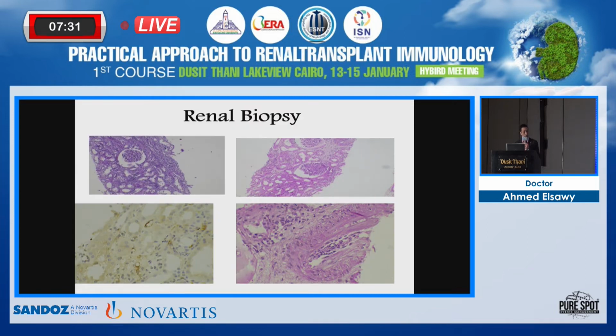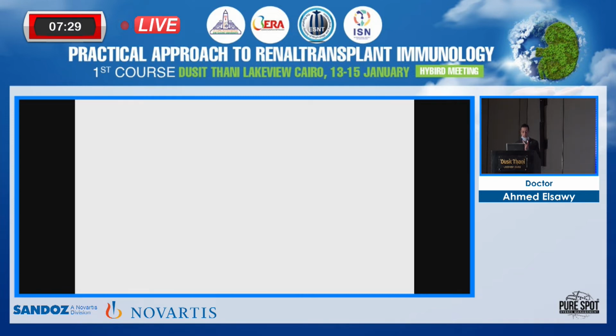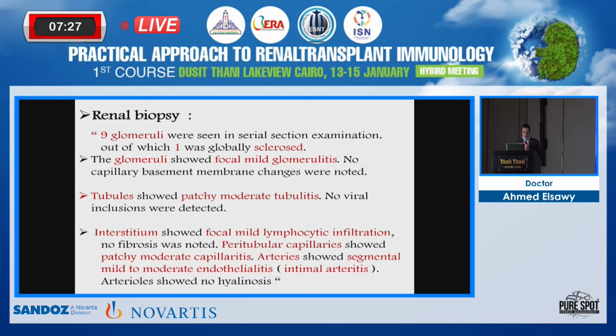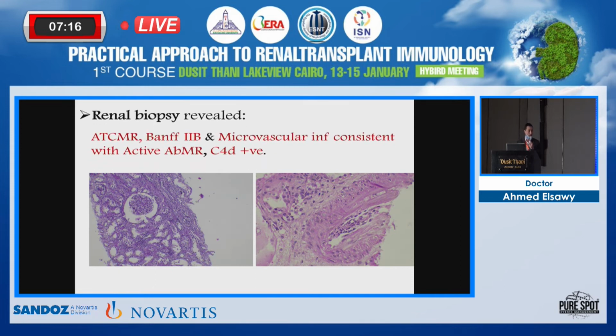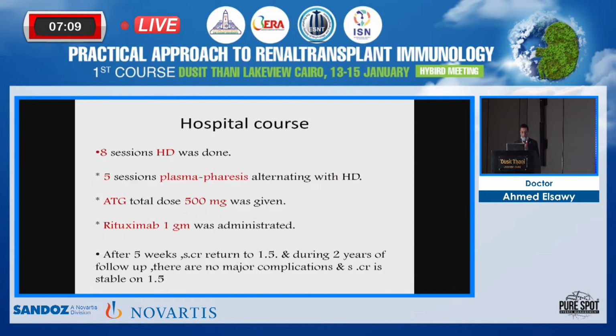Renal biopsy slide: there are focal mild glomerulitis, patchy moderate tubulitis, and focal mild lymphocytic infiltration, which reveals antibody-mediated rejection, C4d is positive, and acute T-cell mediated rejection, Banff 2-BF.